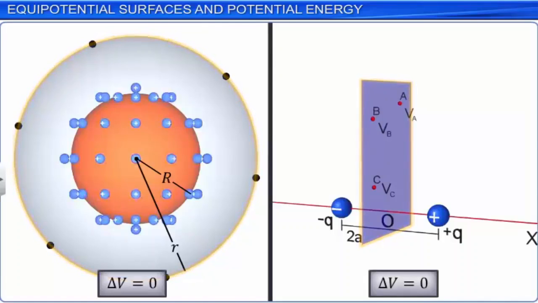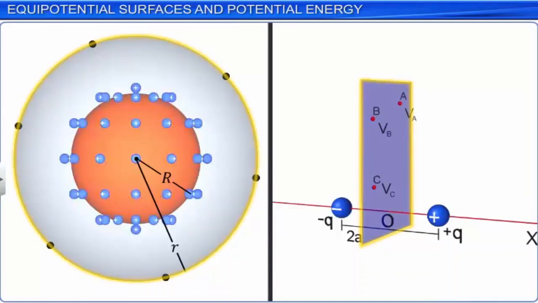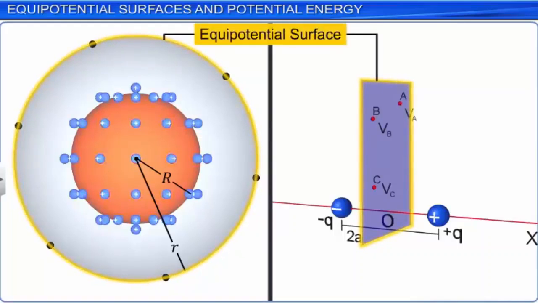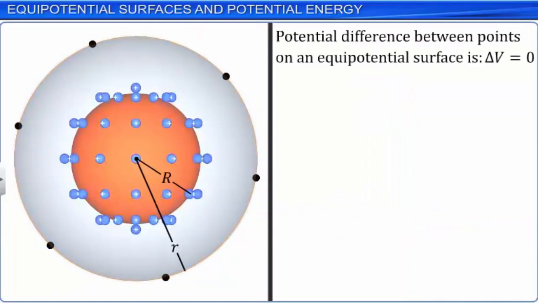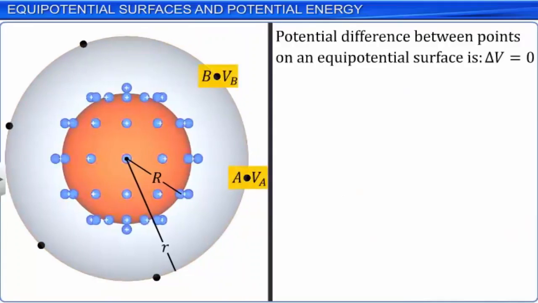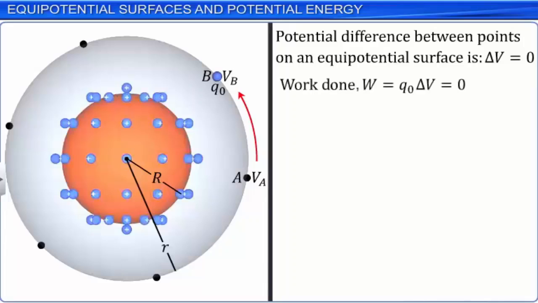A surface on which the electric potential is the same for all points on it is called an equipotential surface. As potential difference delta V is equal to 0 between any two points on an equipotential surface, therefore, to move a test charge Q0 on the equipotential surface, the work done W is equal to Q0 into delta V is equal to 0.